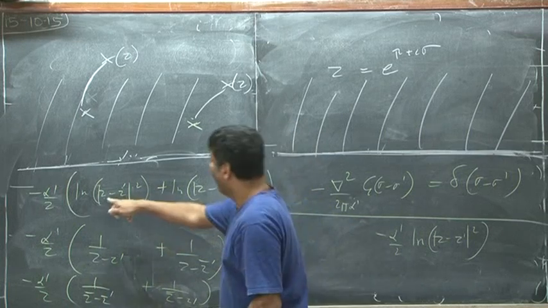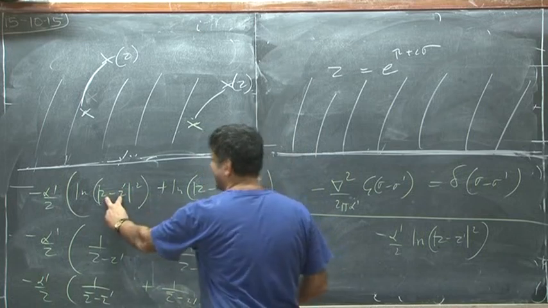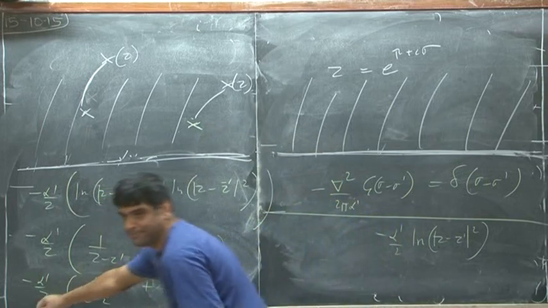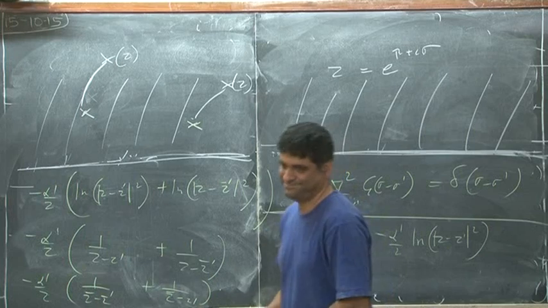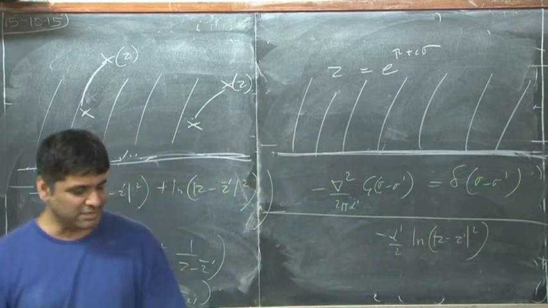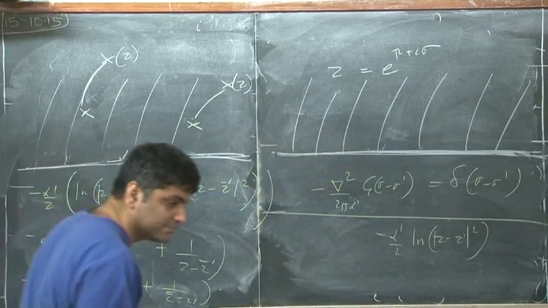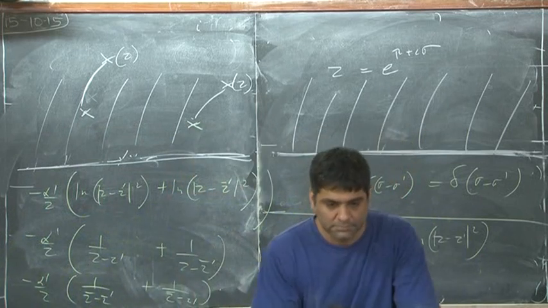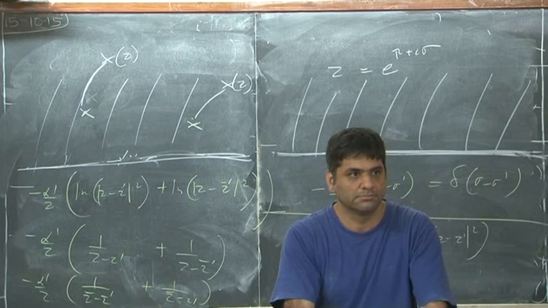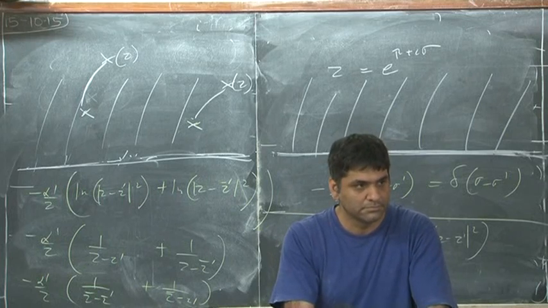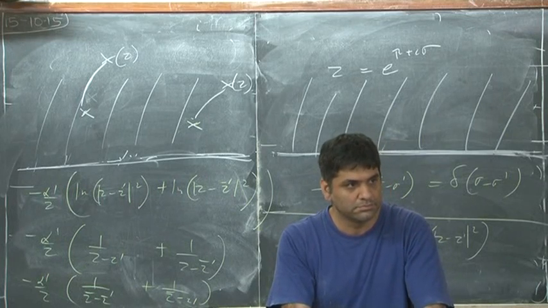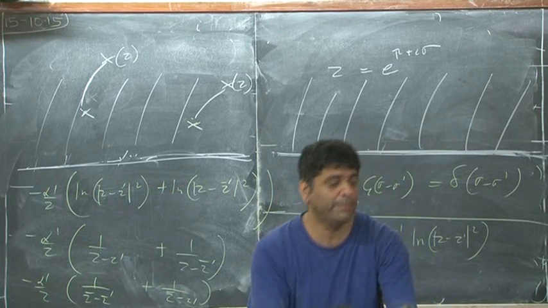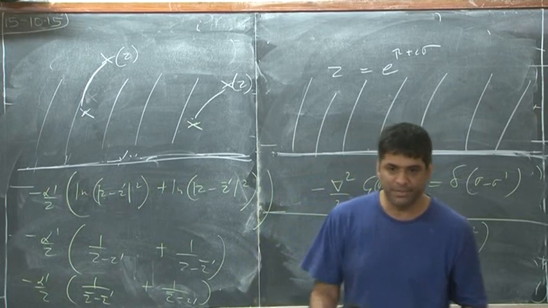All that matters, because this thing is mod z squared, is that it's the same thing. I see. In the other point we are taking z bar because we are working with Euclidean theory. But I'm using bar and star interchangeably.